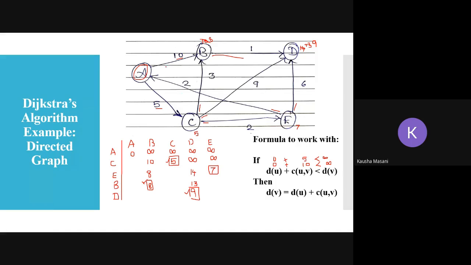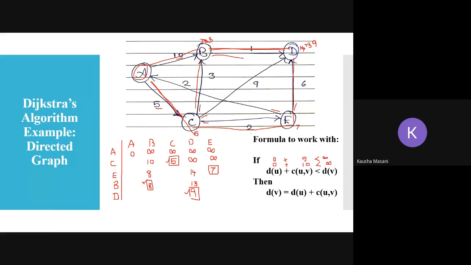A to D, you can reach from A to C, then C to B, and then B to D. But there is one more path, A to B and B to D. Or you can even reach A to C, C to E, and E to D. But out of all these possible paths, which is the one having the shortest distance? It is 9. So A to D, the shortest possible path has distance 9.